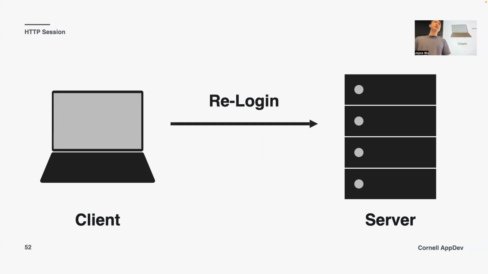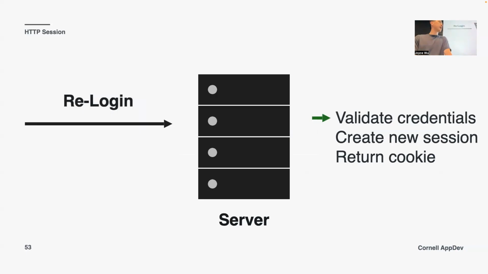Like we did when we created the user, we stored the encrypted password in the backend, so we can revalidate that and make sure it's the correct information. And then we can create a new session and return a new cookie, and then we'll be able to access the routes and the data we want again. Does this make sense to everyone?